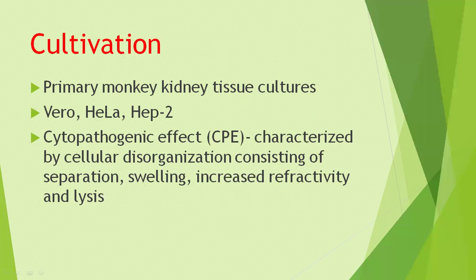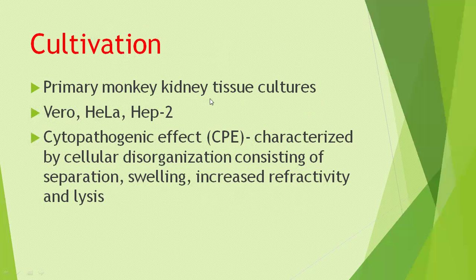So next, cultivation. This virus can be cultivated in primary monkey kidney tissue cultures. As you know, viruses can be grown only in living cells, cell cultures, or tissue cultures.